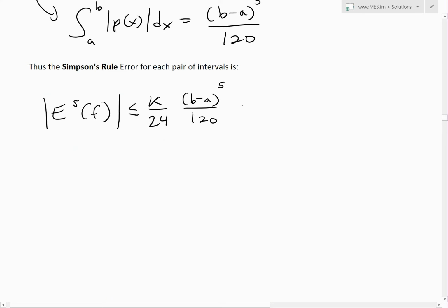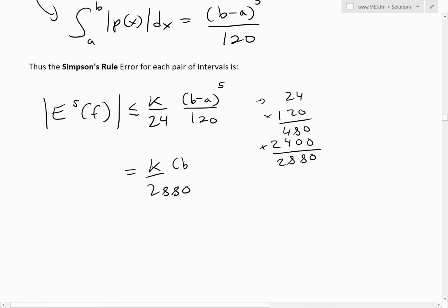If we plug into a calculator, or just multiply this out, I'll just do this right here. So 24 times 120, doing long division. This equals K over 2880 times B minus A to the 5.